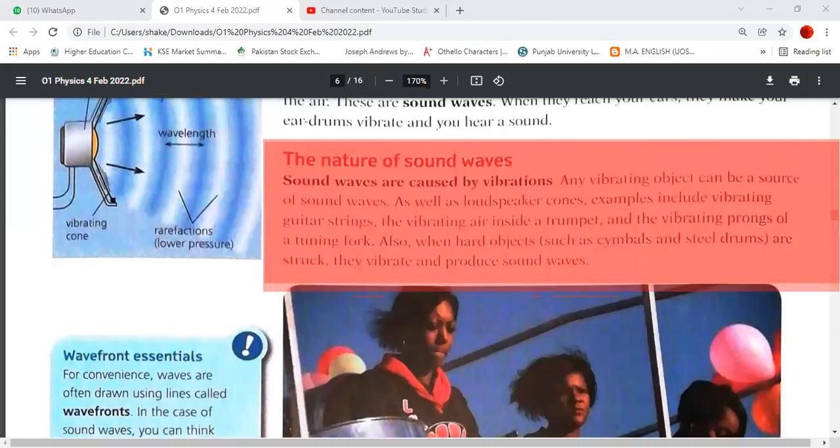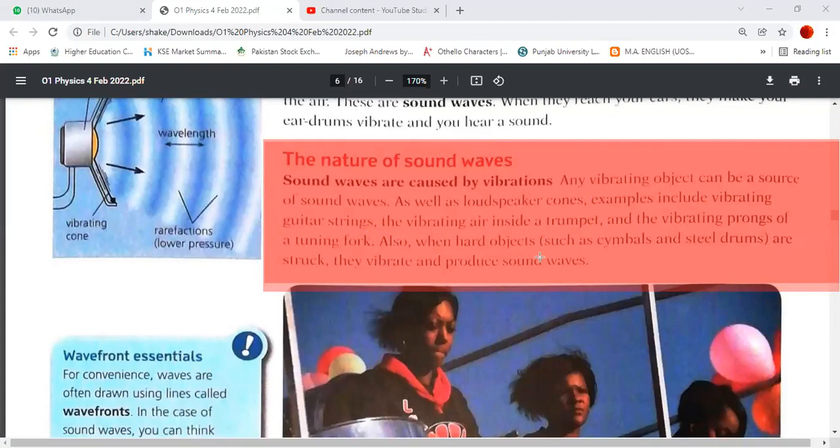Any vibrating body can be a source of sound waves. Anything which is vibrating at high speed will create sound. Examples include loudspeaker cones and vibrating guitar strings. A guitar string generates sound because it is vibrating to and fro continuously within a second.